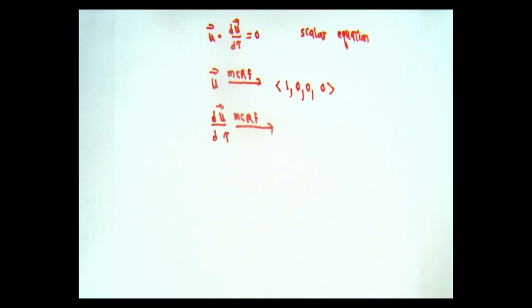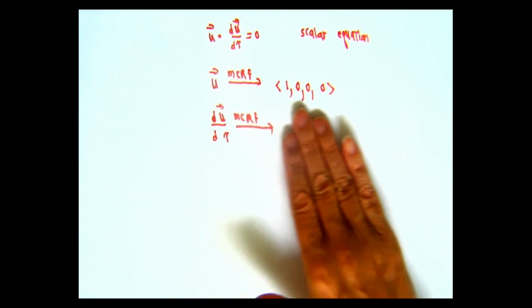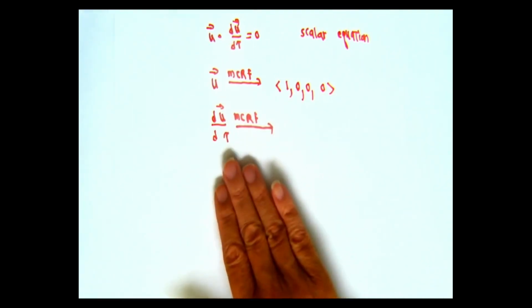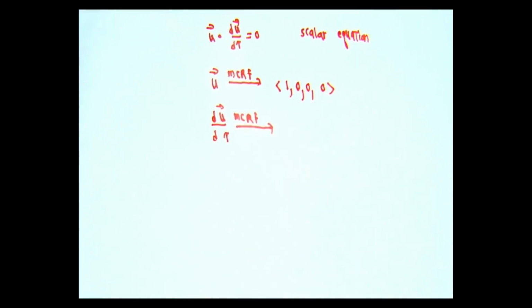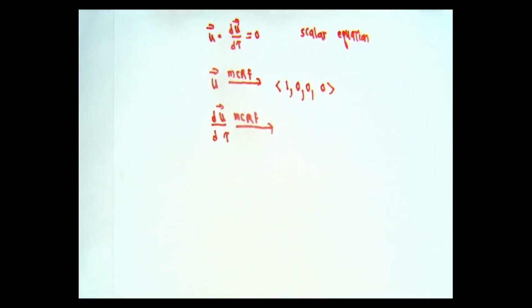Now here's the place where people get confused. They look at these numbers and say they're constants, so the derivatives of any one of these numbers would be 0. Therefore, du d tau must be 0. But that's wrong. When I write this, I'm only telling you half of the story.